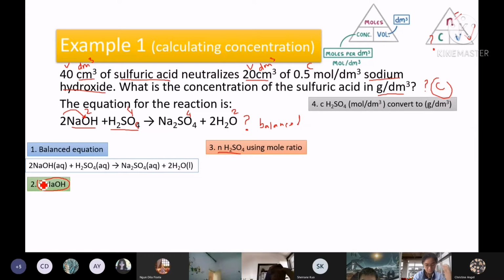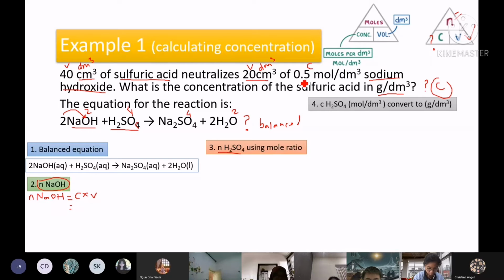Okay, go next to the second step, mole of sodium hydroxide. What is the equation to calculate the mole of sodium hydroxide? Concentration times volume. Okay, correct. Very good, Charles. Concentration times volume. What is the concentration of NaOH?